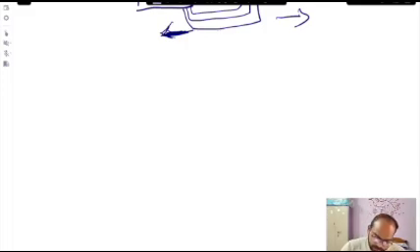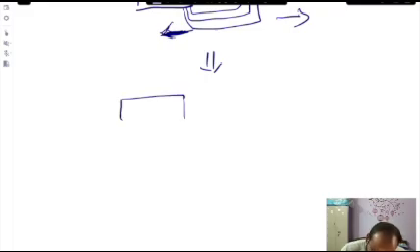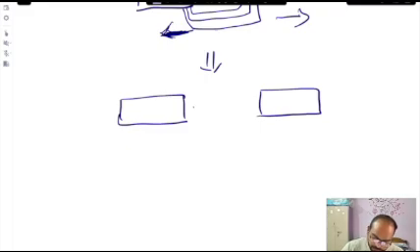Next, further divergence happened. What happens when there is further divergence? Between the continents, oceanic water got filled.